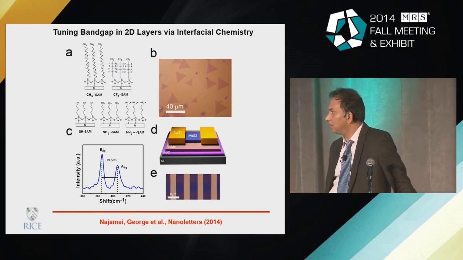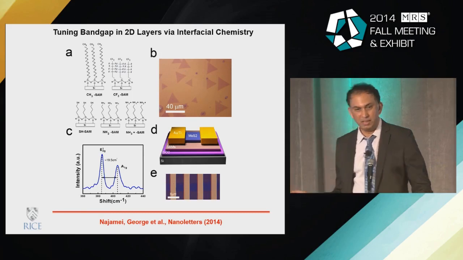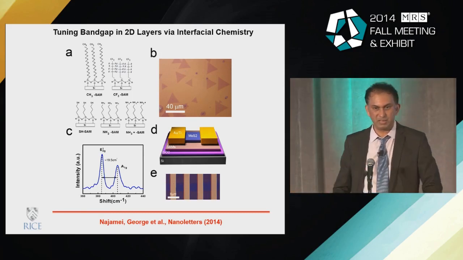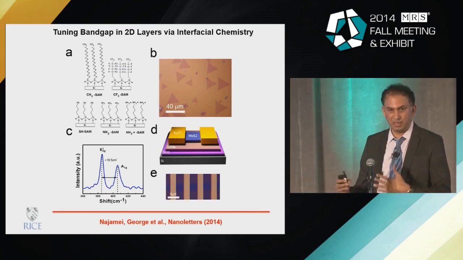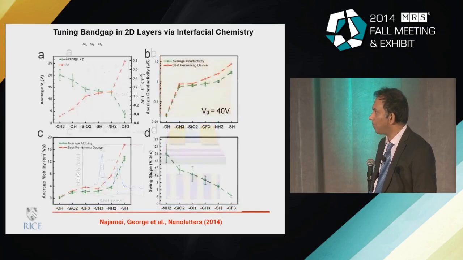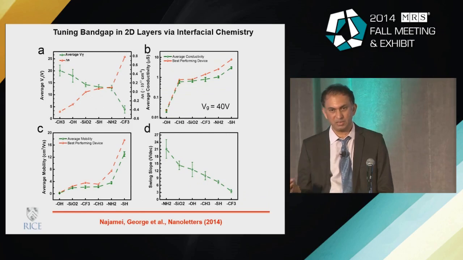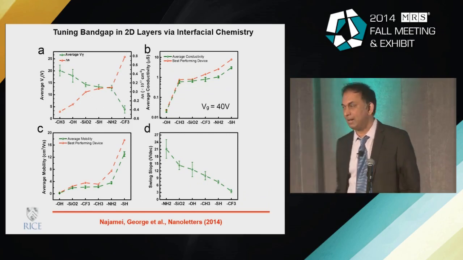And again, this is something fascinating because you can not only vary the compositions of the self-assembled monolayers, but you can also possibly manipulate dynamically the structure of these self-assembled monolayers, so that maybe you can really control the transport in a dynamic way on these 2D materials. So here is something that shows that clearly there is a change in transport characteristics as you go from one SAM to another SAM.